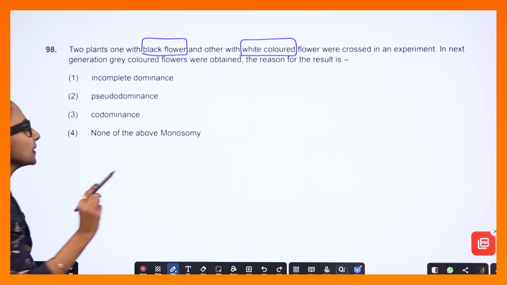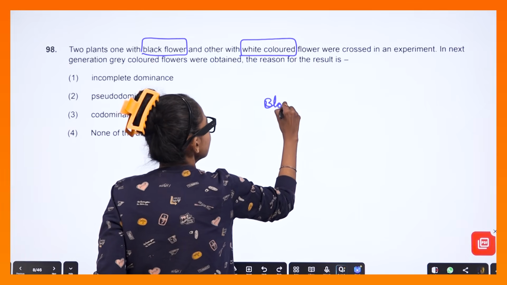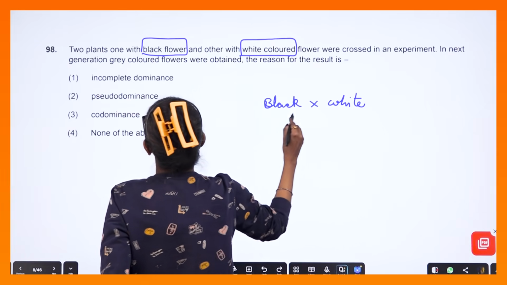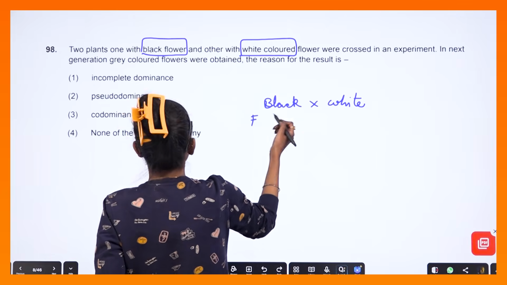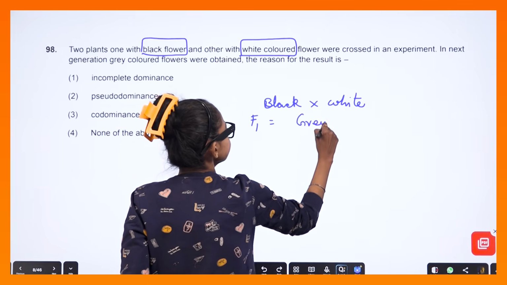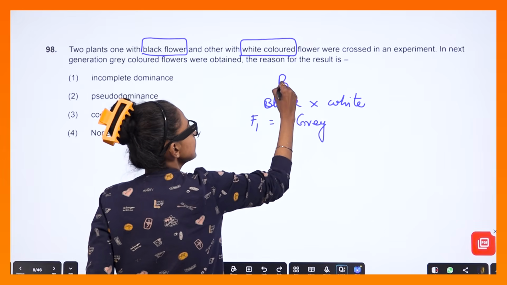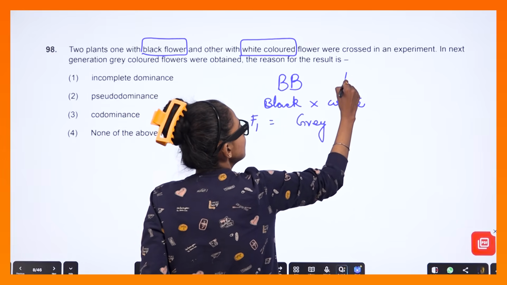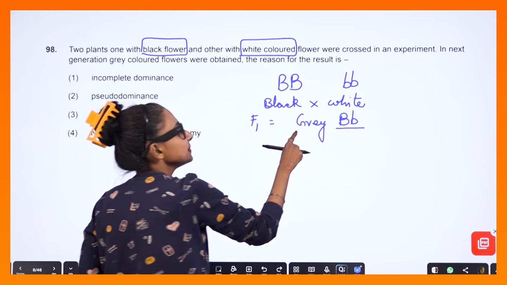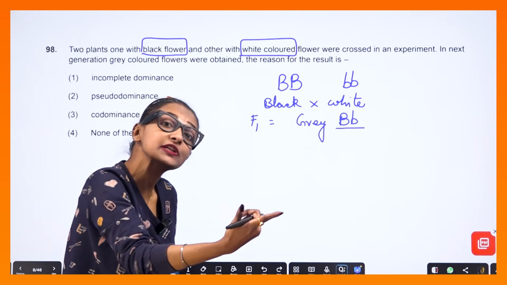They say the flowers in F1 were grey. So if I'm crossing capital B with small b, then capital B, small b gives me a third phenotype.